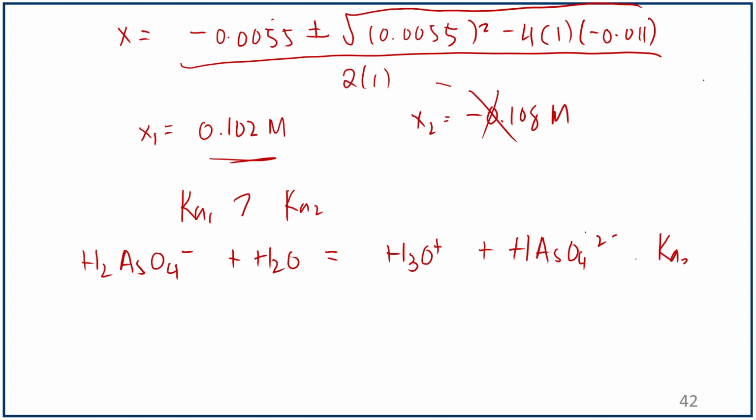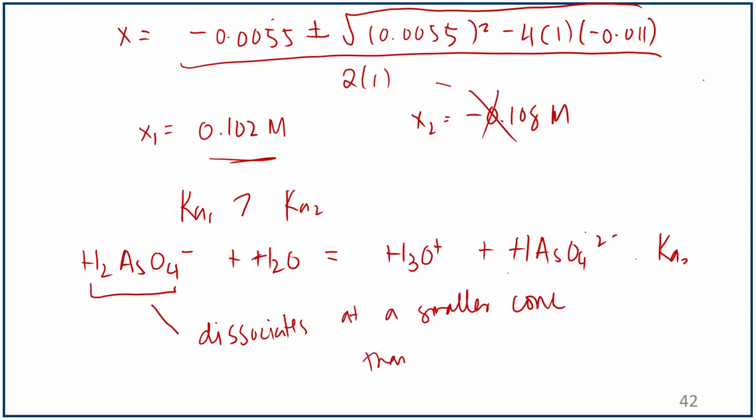Now since we know that Ka1 is greater than Ka2, then we can just assume that this H2AsO4 minus dissociates at a smaller concentration than arsenic acid, H3AsO4 does.